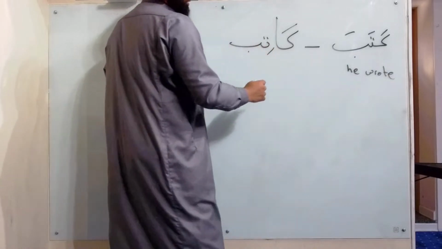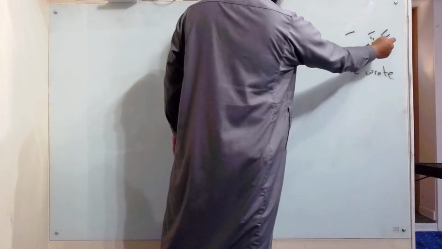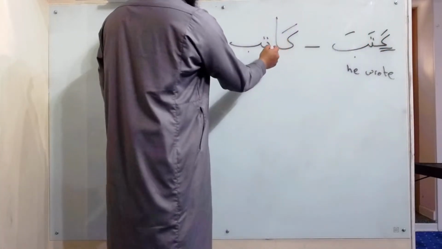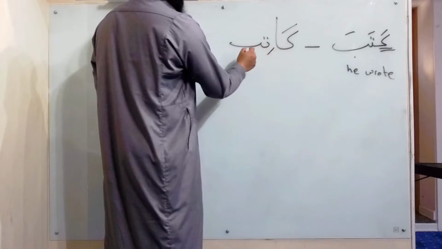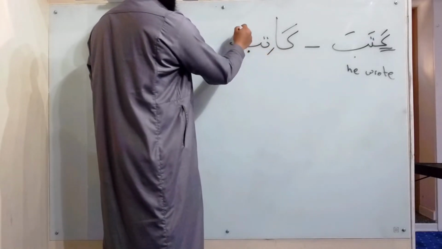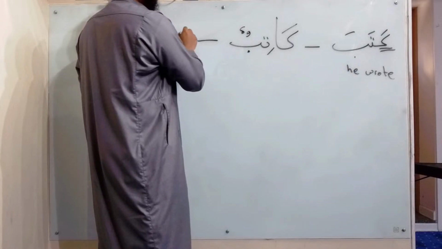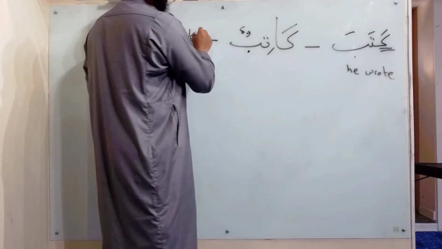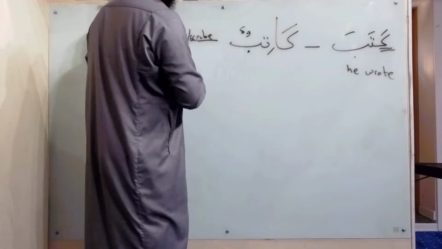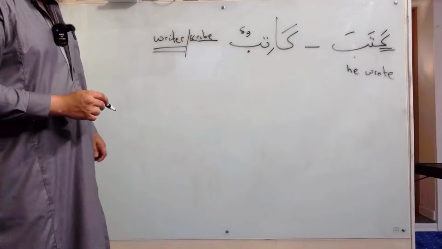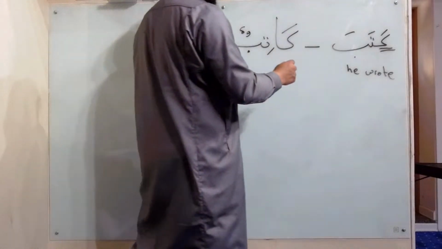In other words, you put an alif after the first letter, and then you put a kasra on the second letter, katibun. This is going to be the writer or the scribe, right? A writer, more specific to this word. Scribe is a, what do you call it, synonym.